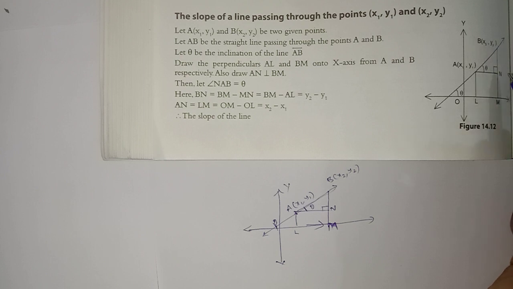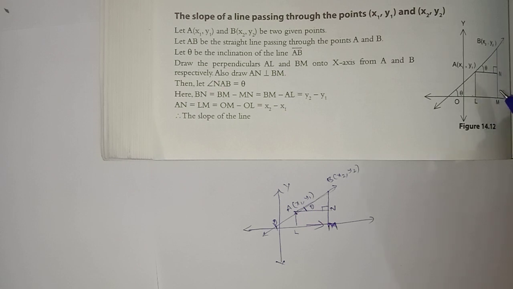BN value, how do we get it? Total value BM minus MN. Total part minus NM part, if you remove it, you get the BN value. NM is parallel to AL and equal also.